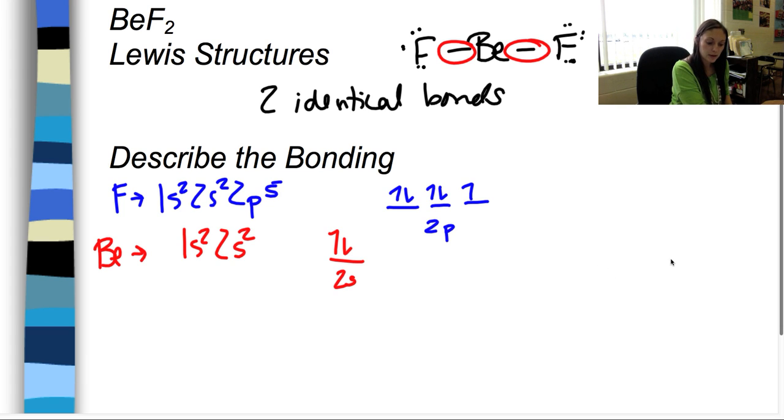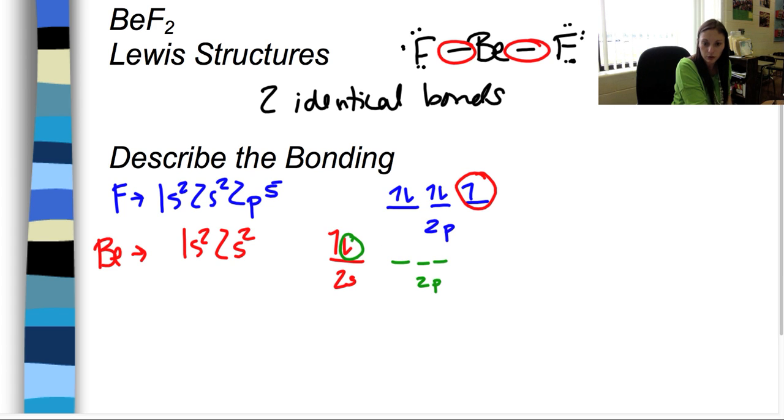So what happens is one of these is going to pair with a beryllium. But notice how these are not unpaired. In order to form 2 identical bonds, I need something with a lone electron to bond with one of the fluorines. This fluorine has an open space where it can take another electron to share with beryllium, but beryllium does not. So one of these electrons in beryllium gets promoted to the 2p's.